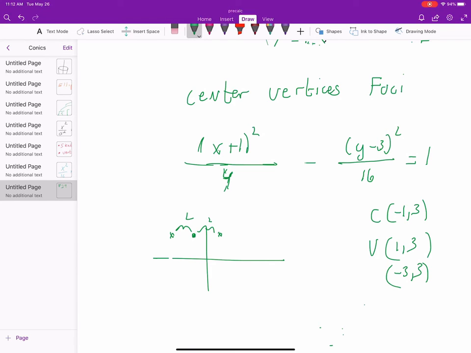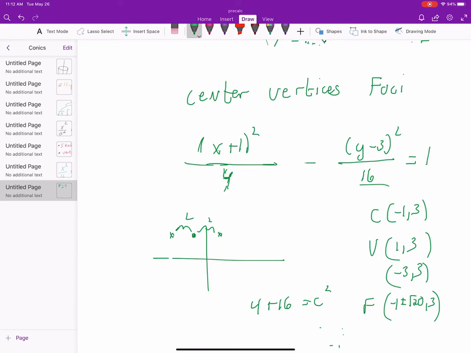Let's see, focus point. I need a b, but there it is. So now I can go a squared 4 plus b squared 16 is equal to c squared. It's obviously going to be the square root of 20. It's going to be along this way, so I'm going to take that center point, -1, go plus or minus square root of 20, 3.